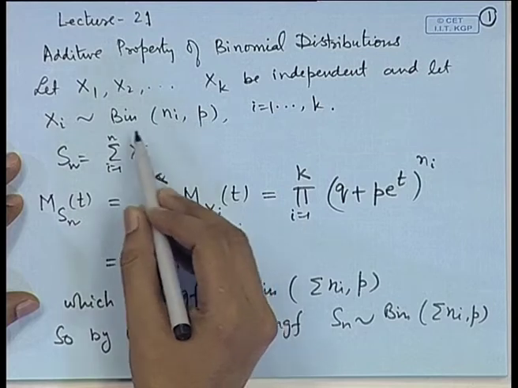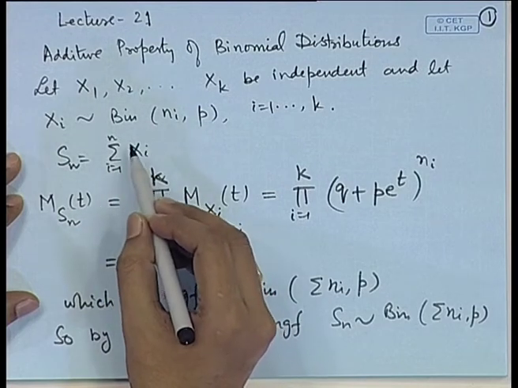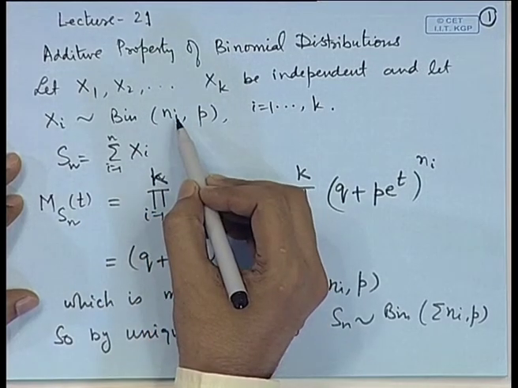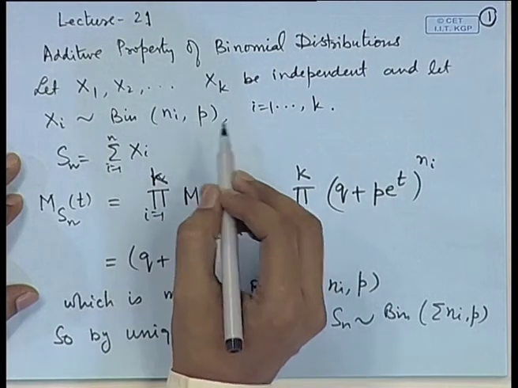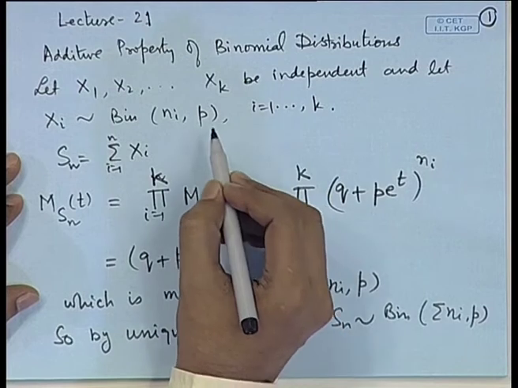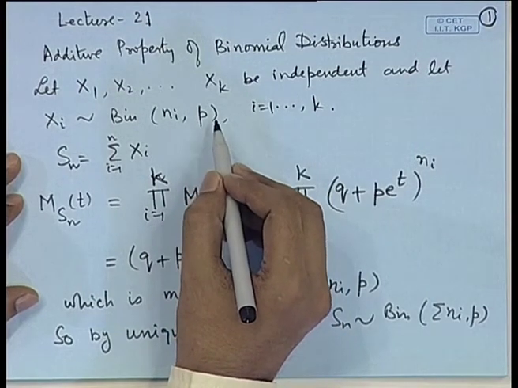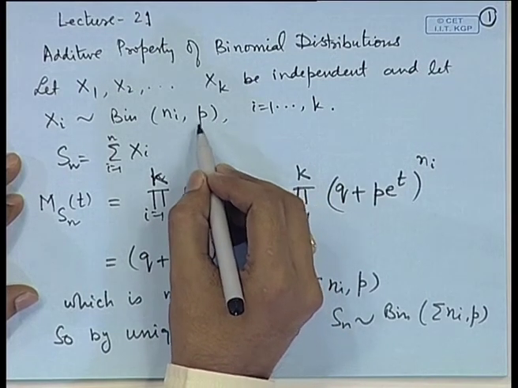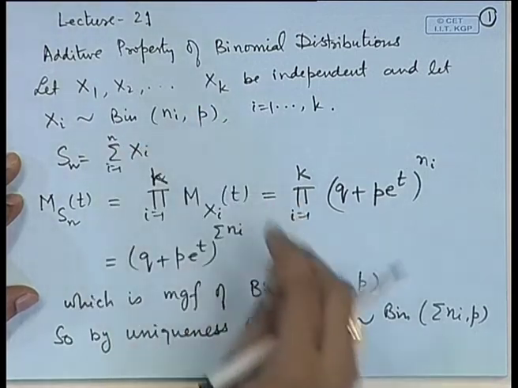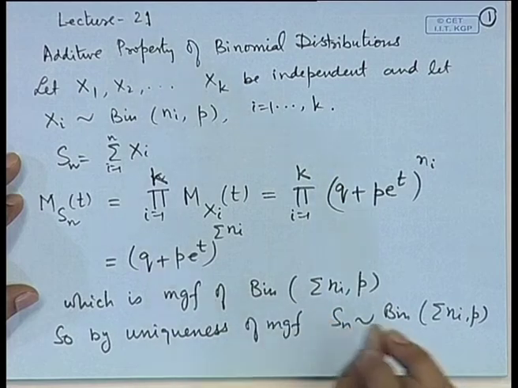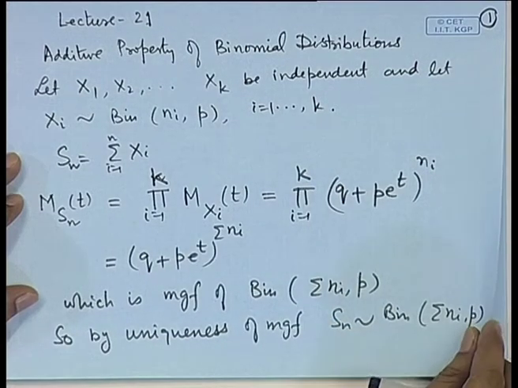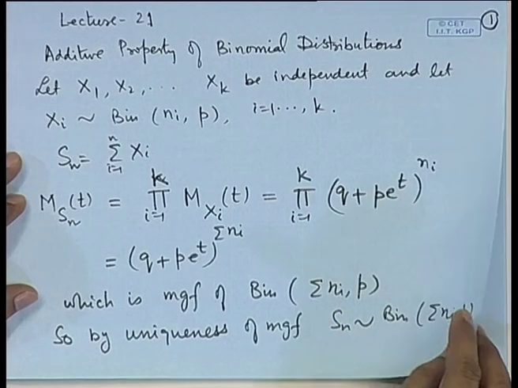Therefore, sigma Xi can be considered as the total number of successes in n1 plus n2 plus ... plus nk independent and identically conducted Bernoullian trials, where the probability of success is p. So, this physical fact is confirmed by this additive property, which we are able to prove here using the moment generating functions.